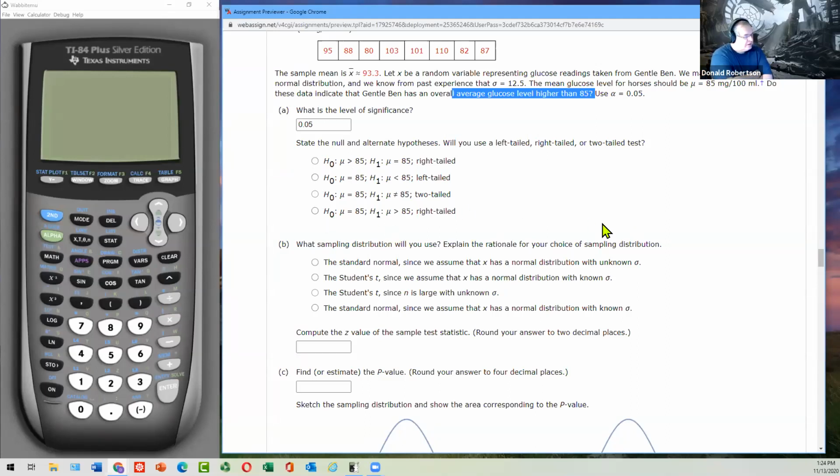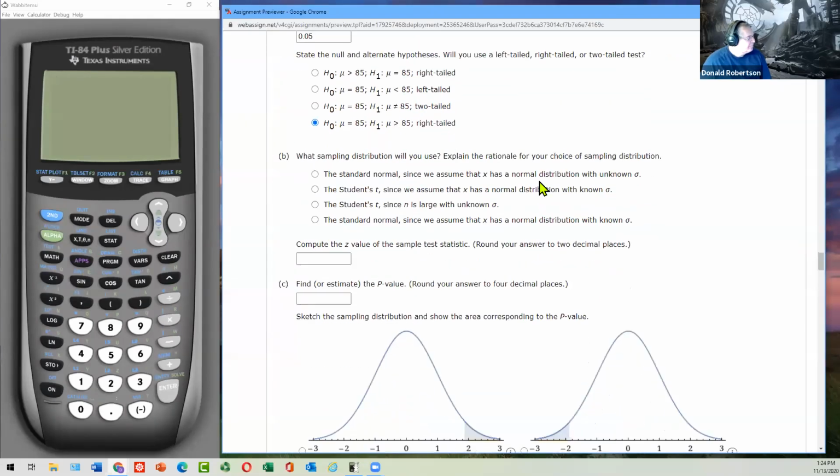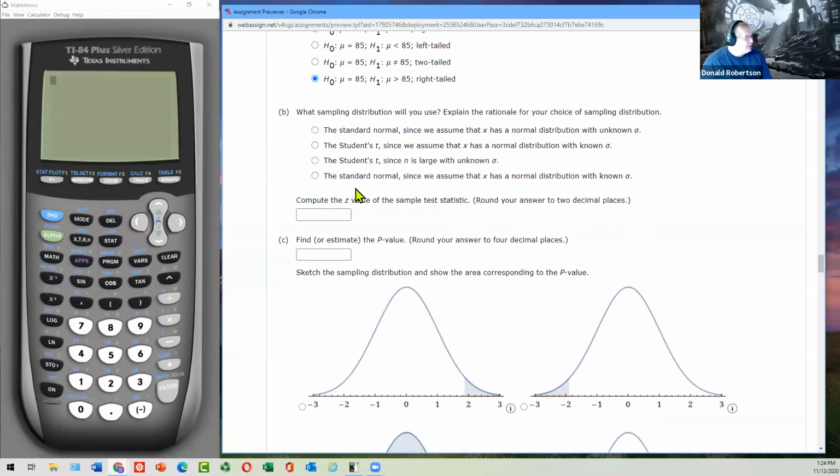Which one is the right null and alternate for the average glucose level higher than 85? First one. Last one. Okay. Yes, last one. And this fella here, just pick the 4th dot.